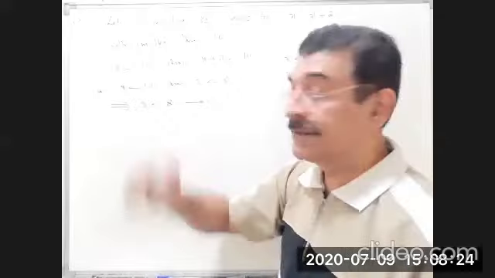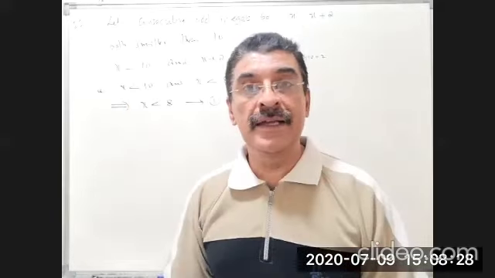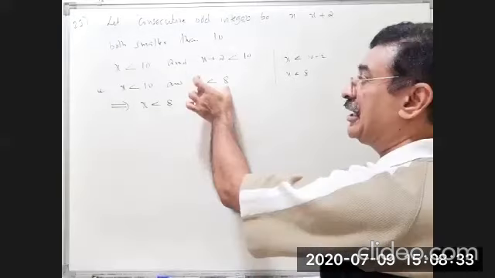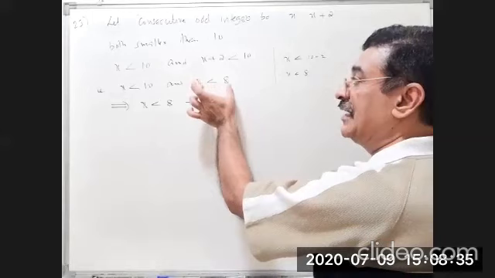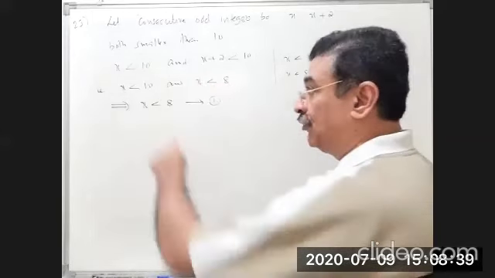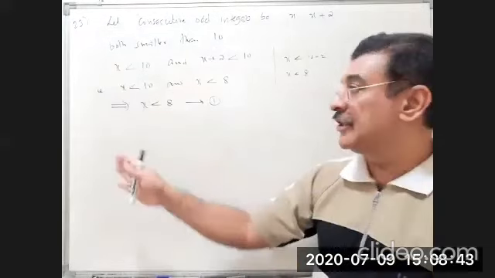For example, 9 is less than 10, but 9 is not less than 8. Whereas any number less than 8 is definitely less than 10. So we don't have to state both conditions. From these two conditions, we can conclude x is less than 8.